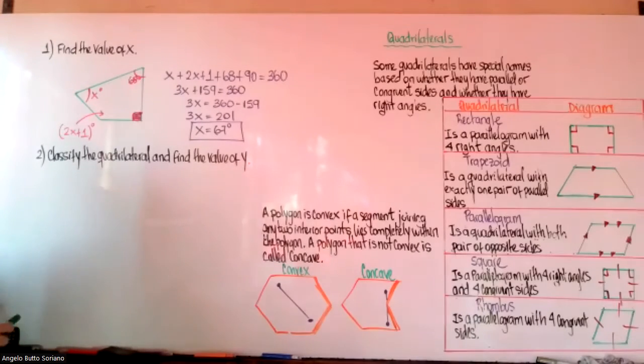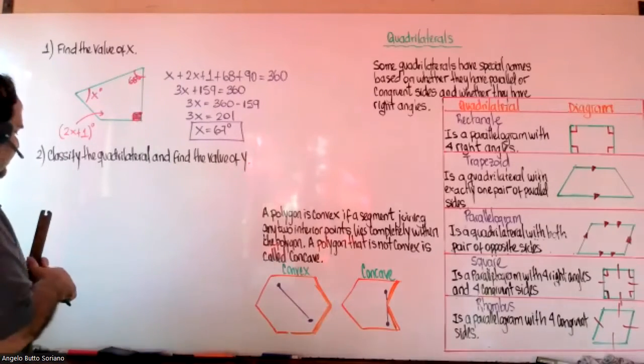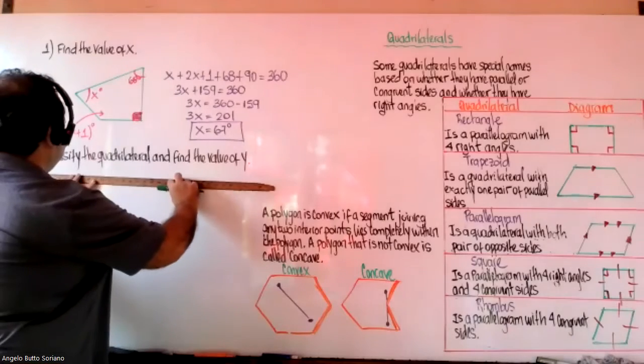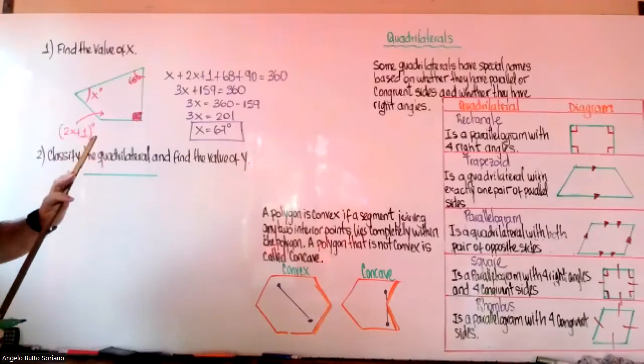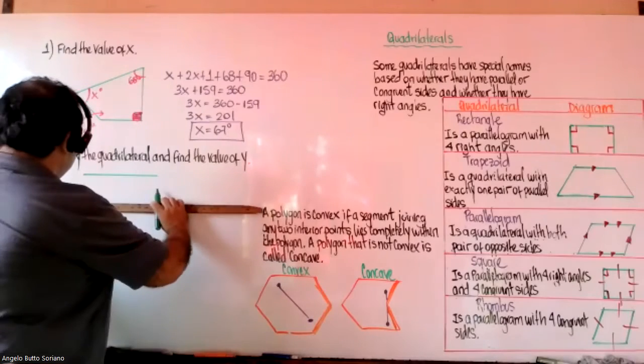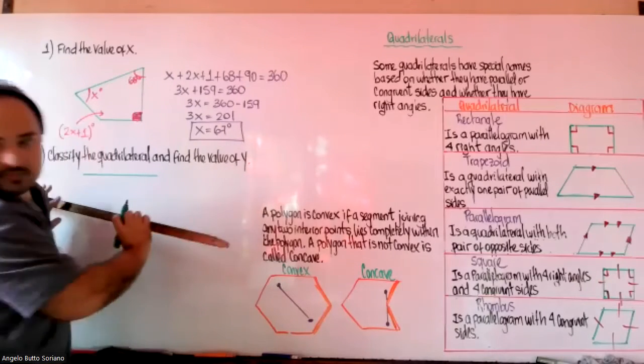Okay, let me draw the picture of the problem first, and you let me know what kind of quadrilateral this one is, and what the value of y will be.